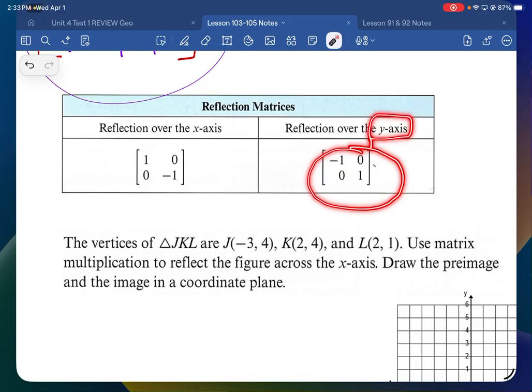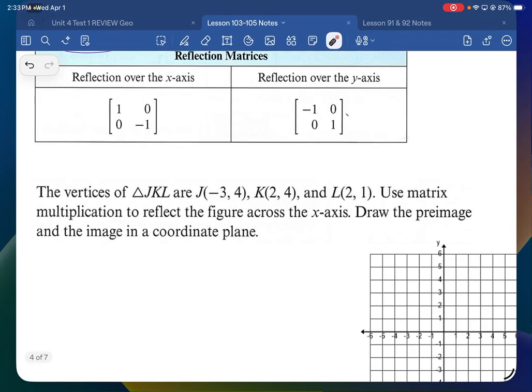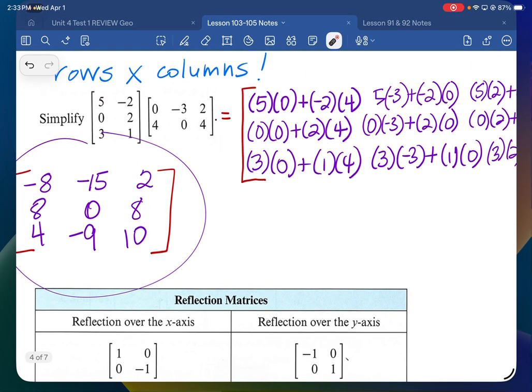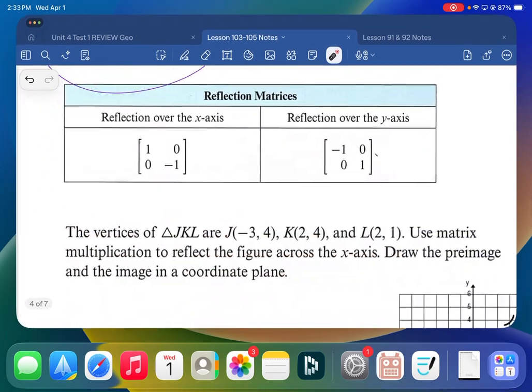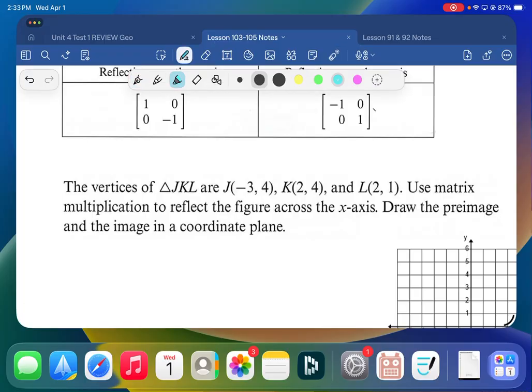So, look at this example homework problem where it says the vertices of JKL are JKL. Use matrix multiplication, what we just did up here, to reflect the figure across what?